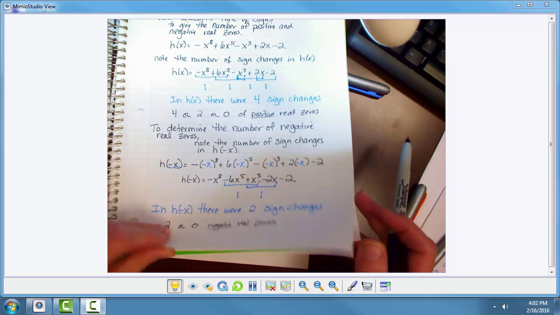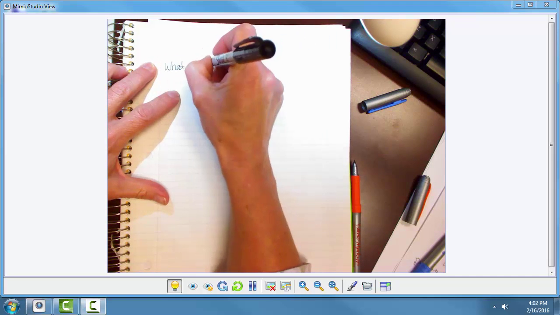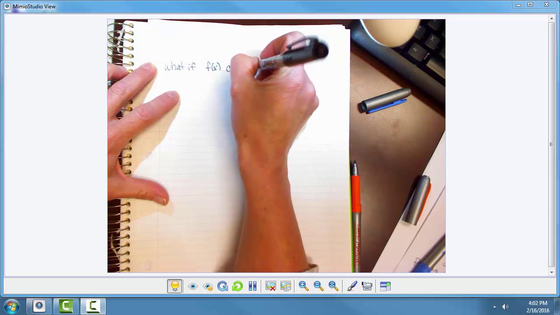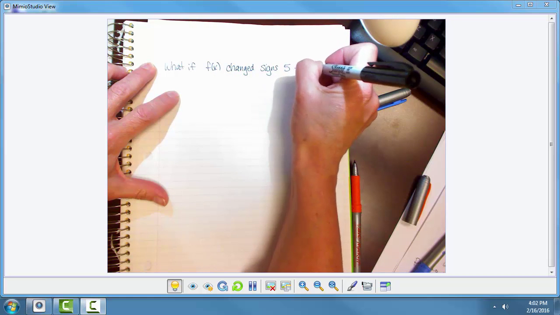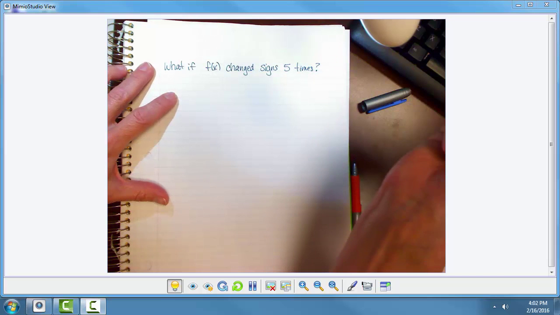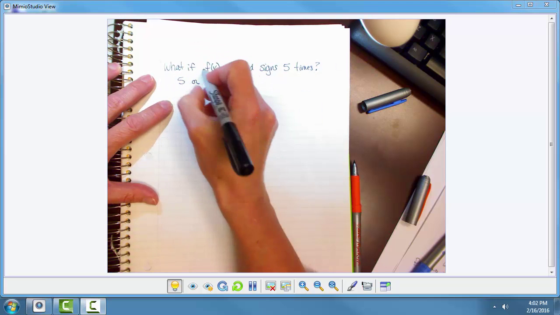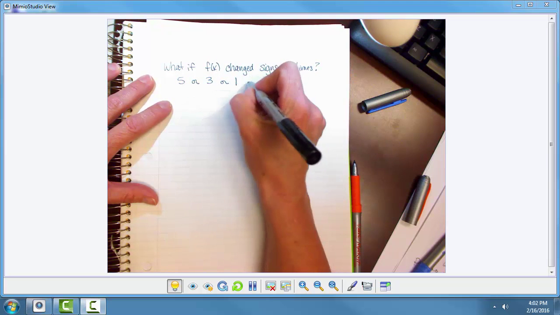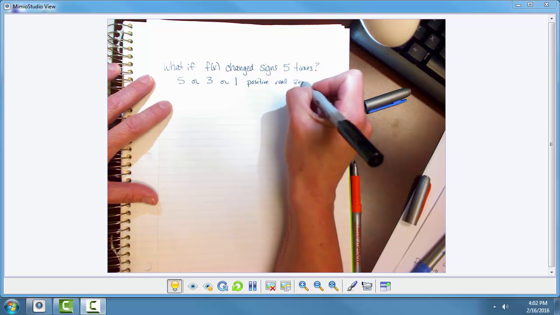But what if the number of sign changes was odd? What if, let's say, f of x changed signs 5 times? I said subtract 2 each time. So that means there would be 5, or 5 minus 2, which is 3, or 3 minus 2, which is 1, positive real zeros.